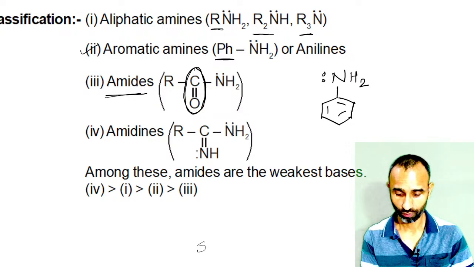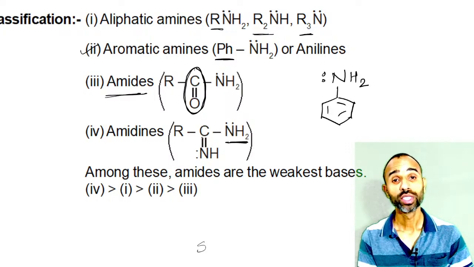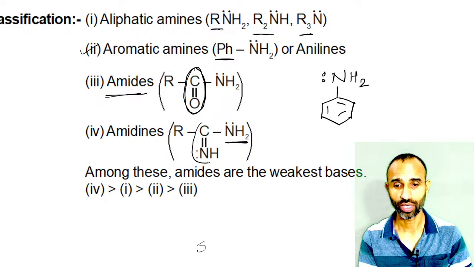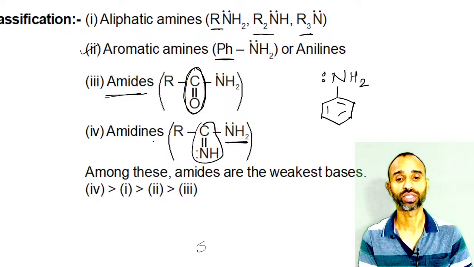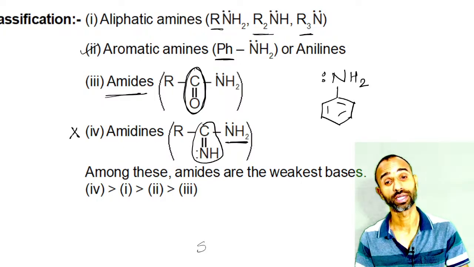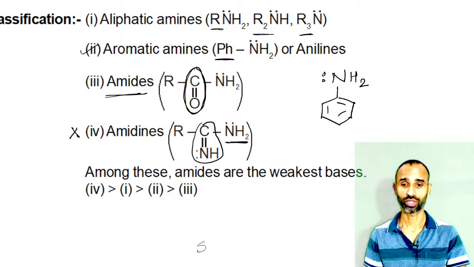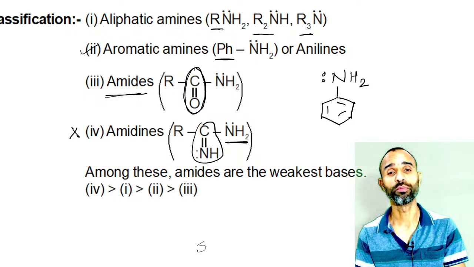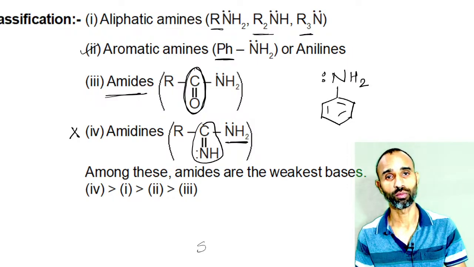And if NH2 group is attached to C double bond NH, instead of C double bond O, we have C double bond NH, that is called amidines. That is not in our syllabus, but there are questions which are asked during the exam, that strength of base when NH double bond NH is attached to it.